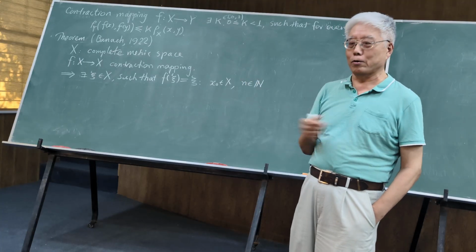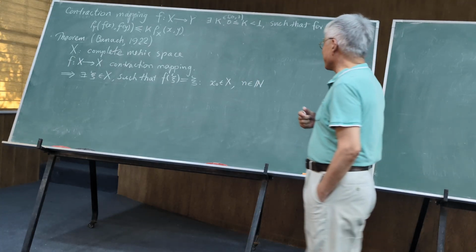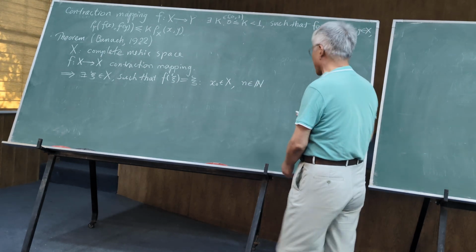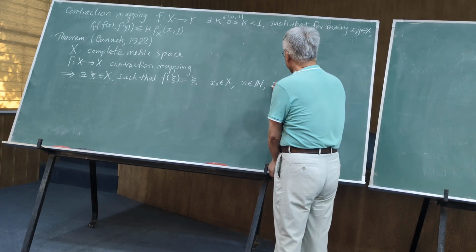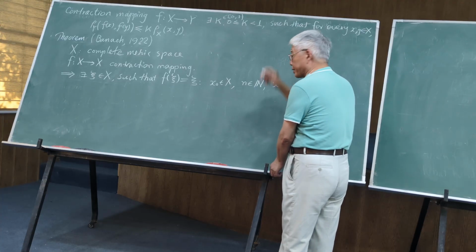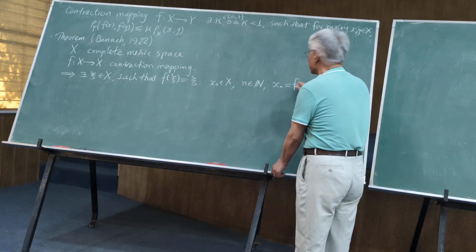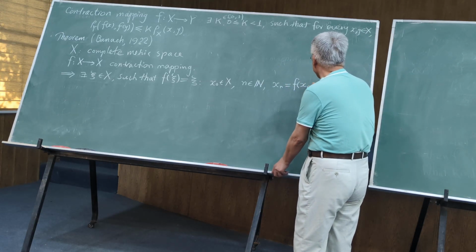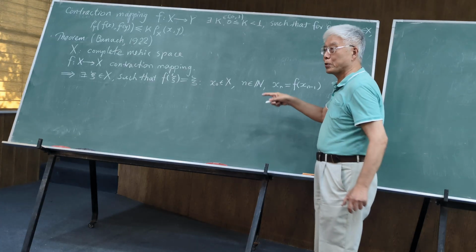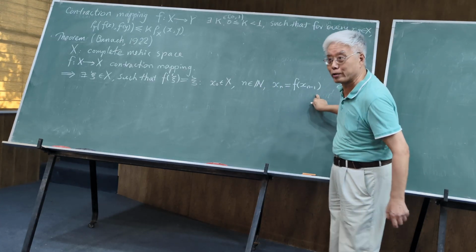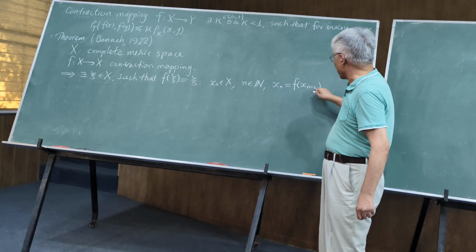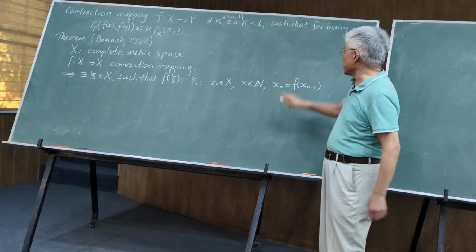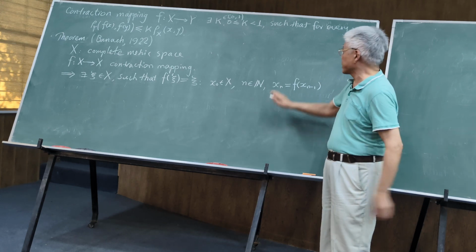Americans put 0, they start from 0. It doesn't matter at all, because one understanding can be immediately translated into the other. And define x_n, a point in X, to be just the image of the preceding one, because the mapping is from X to X, so it makes sense. Computer science people will really like this because it can be coded easily. For the current point, you just take the mapping and evaluate it, and then use the function value as the next point.